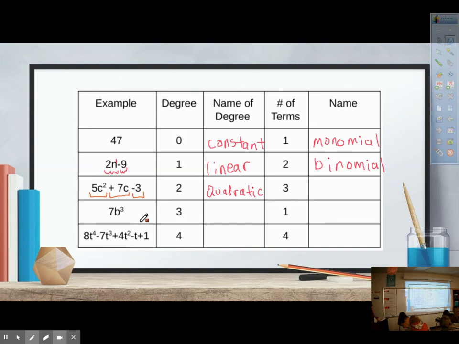Negative 3 is the third term. So there are 1, 2, 3 terms. What do we call the device that has 3 wheels? Well, we call it a tricycle, so this one is called a trinomial. So 3 terms is a trinomial.